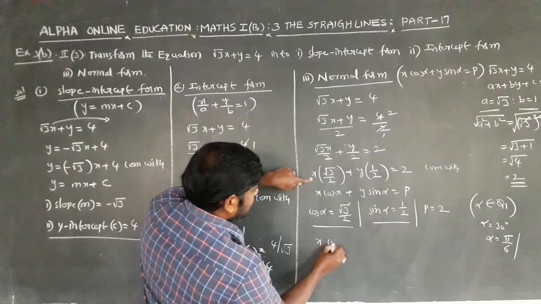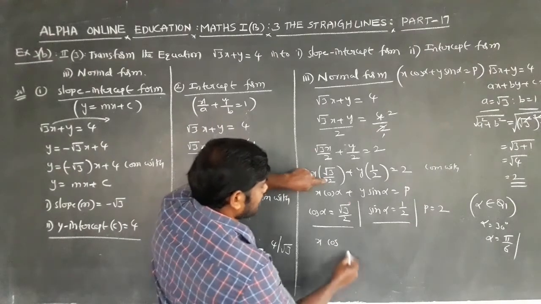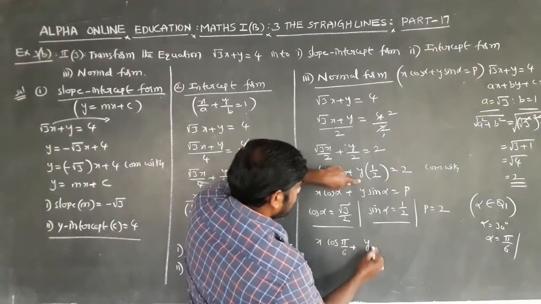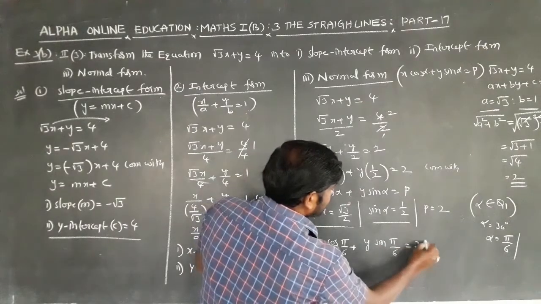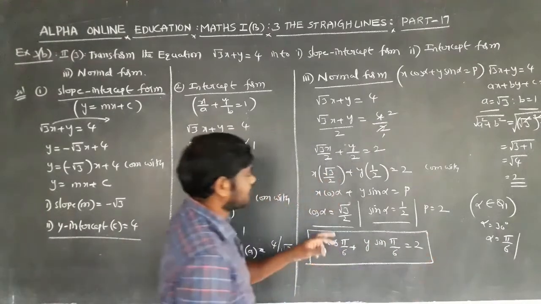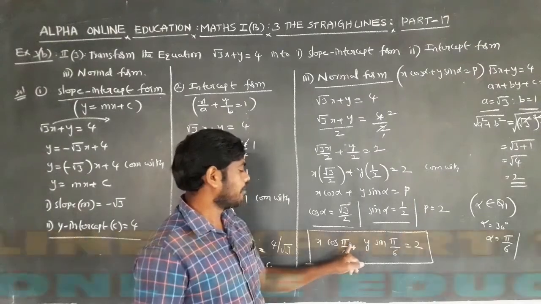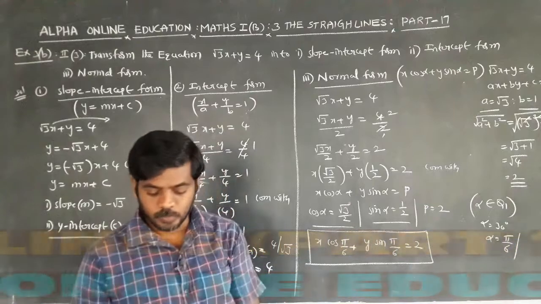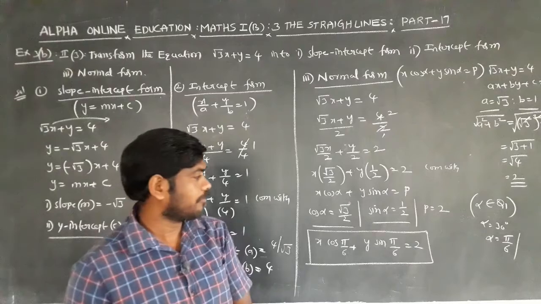So the equation of the straight line in normal form is x·(√3/2) = cos 30° plus y·(1/2) = sin 30° equals 2. x cos α + y sin α = p means x cos π/6 + y sin π/6 = 2. This is the equation of the straight line in normal form.